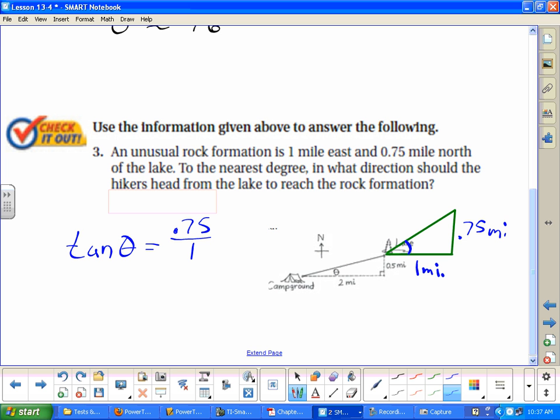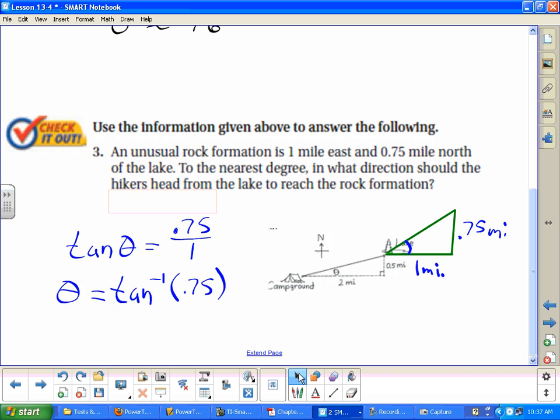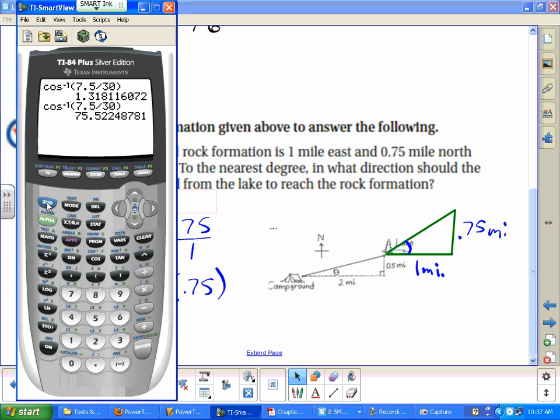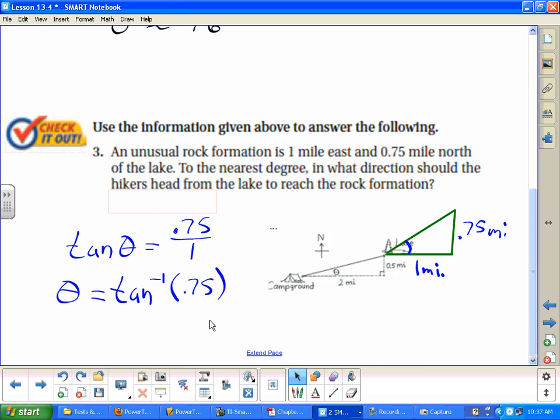Okay, so to find our angle, we're going to do the inverse tangent of 0.75, right? So if you know the angle, you do sine, cosine, or tangent. If you're trying to find the angle, you do the inverse of sine, cosine, or tangent. So inverse tangent, 0.75. And it says to the nearest degree, so the nearest degree is going to be 37 degrees.